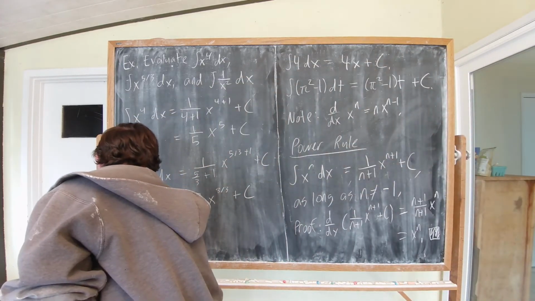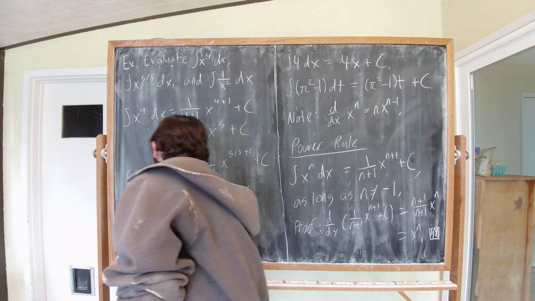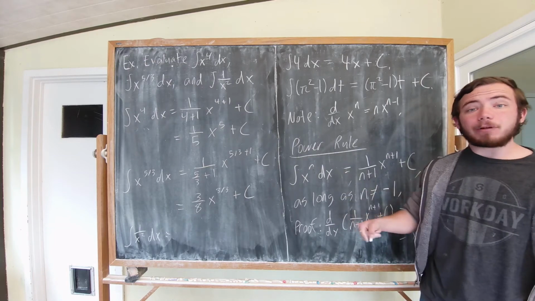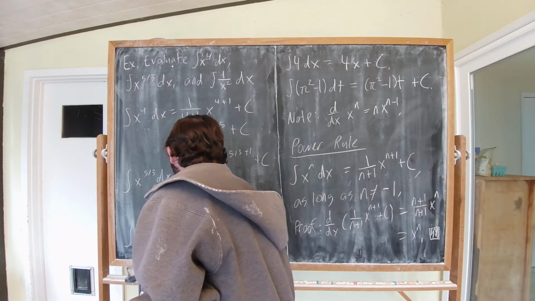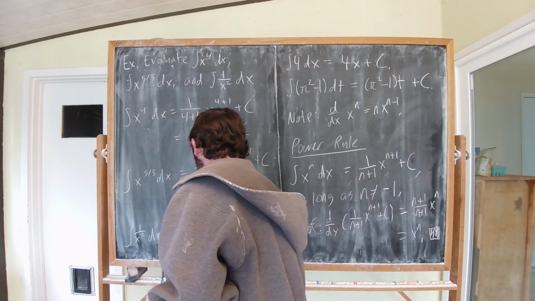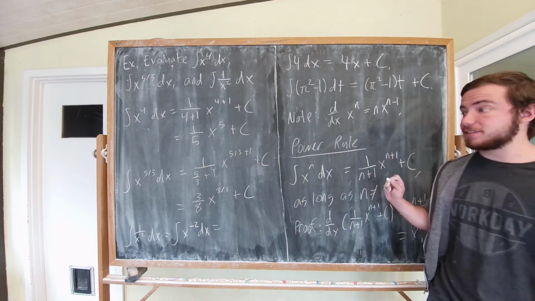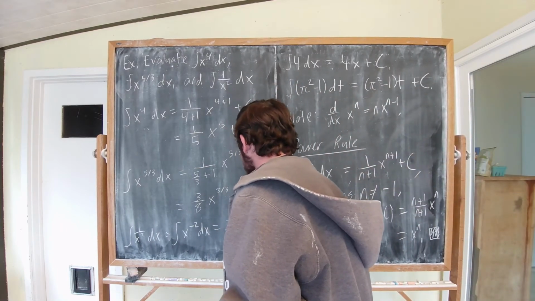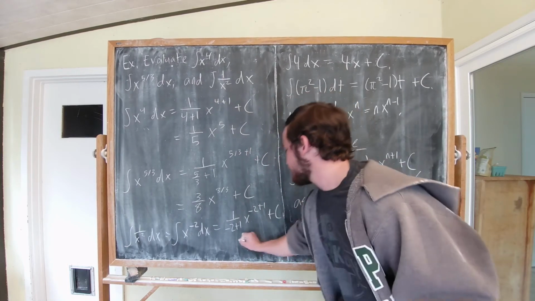All right, let's try that last example. The integral of 1 over x squared dx, well, that doesn't necessarily look like a power rule to start, but if we rewrite using our rules of exponents, this is the integral of x to the -2 dx. Now the power rule says this is 1 divided by -2 plus 1 times x to the -2 plus 1, plus c.